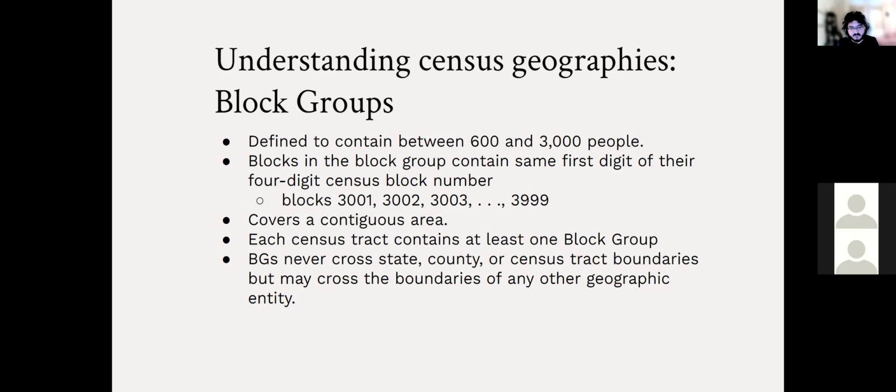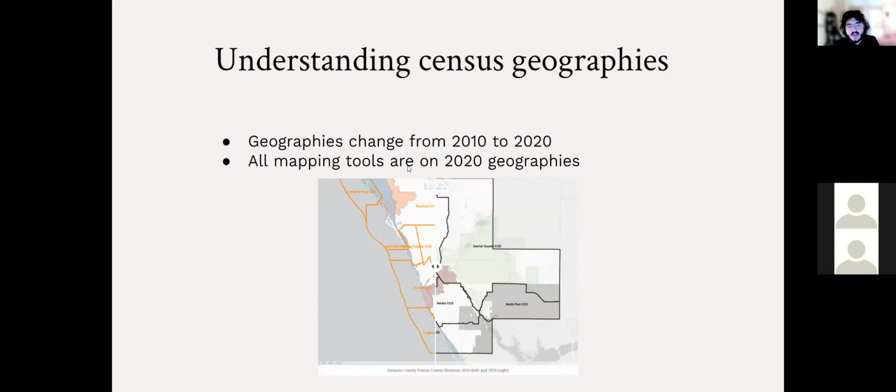The blocks and block groups all have different four-digit census block numbers, for example 3001, 3002, all the way to 3999. And it covers a contiguous area and other things like that.